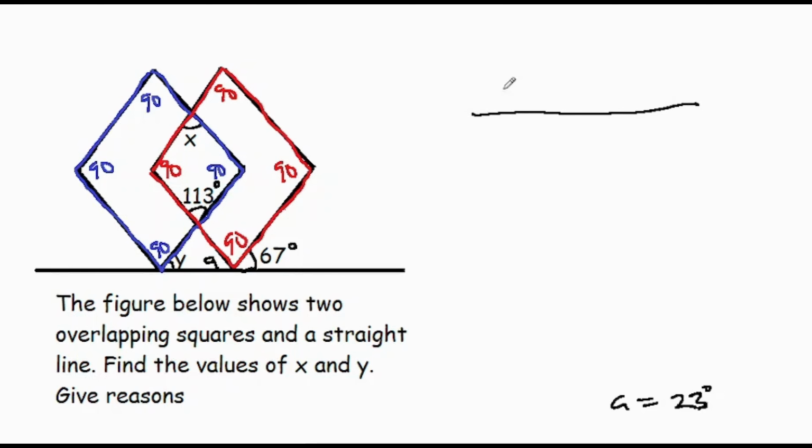Then we are going to draw a blue line. So we have a red, blue, and black, and this is y. Then this is A, and up here is 113 degrees.